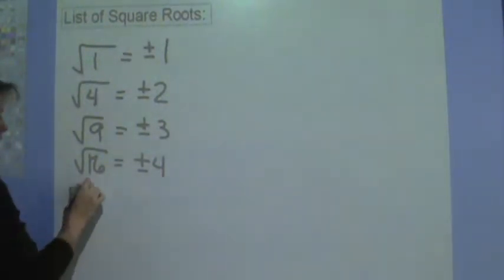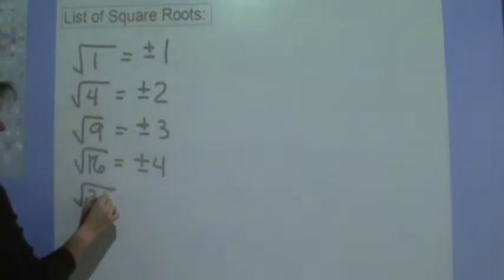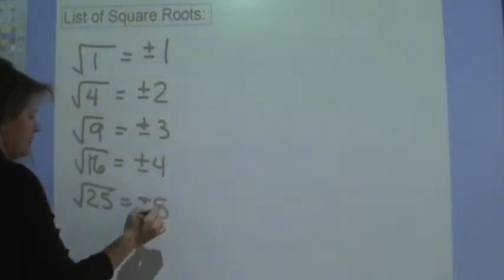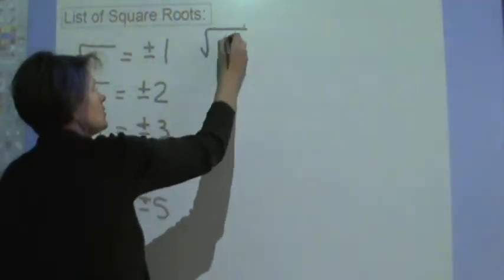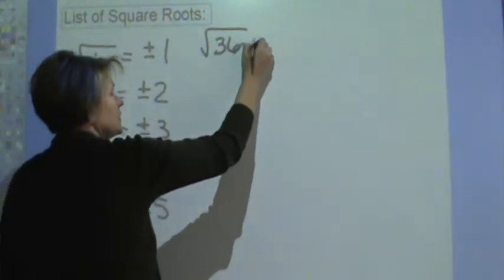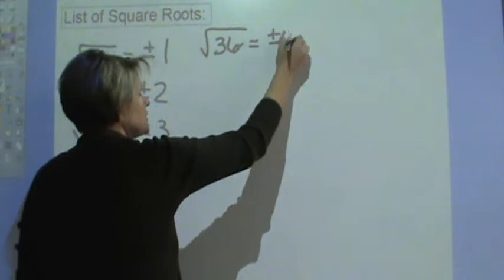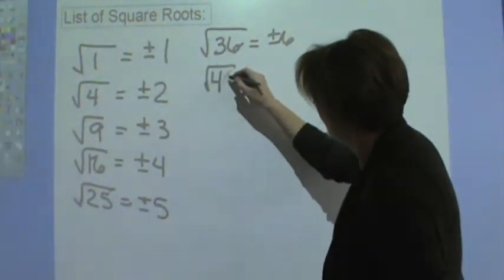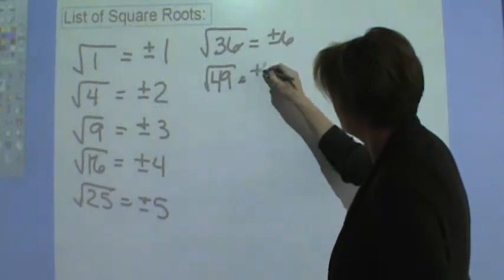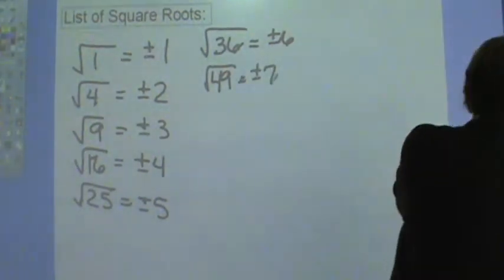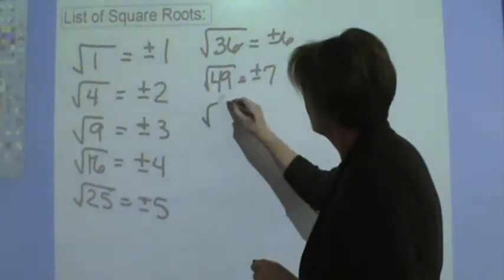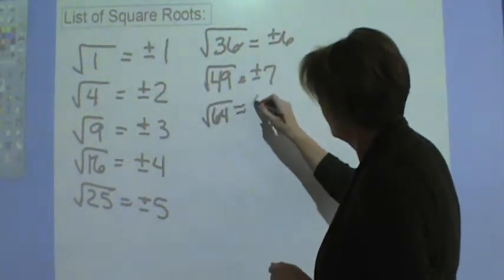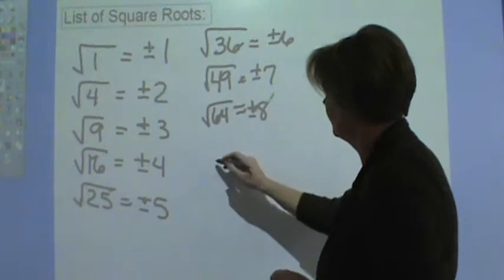Square root of 25 is plus or minus 5. Square root of 36 is plus or minus 6. Square root of 49 is plus or minus 7. Square root of 64 is plus or minus 8.